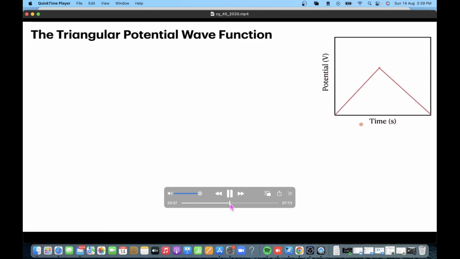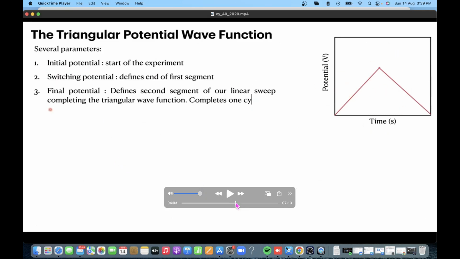This is a potential versus time plot. There are several parameters to this plot, basically 4 parameters. One is the initial potential, which is the start of the experiment.